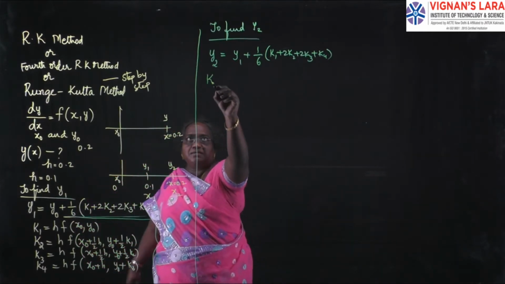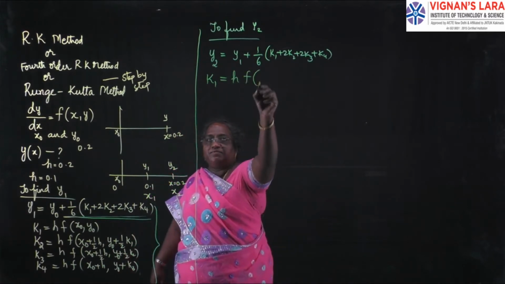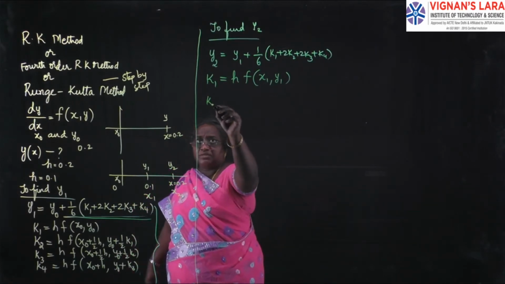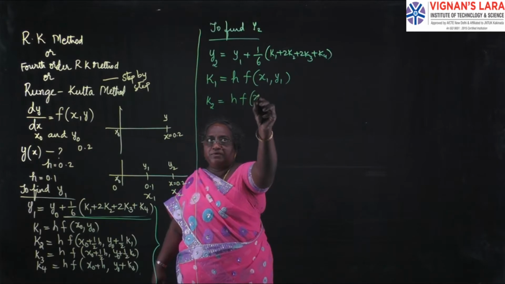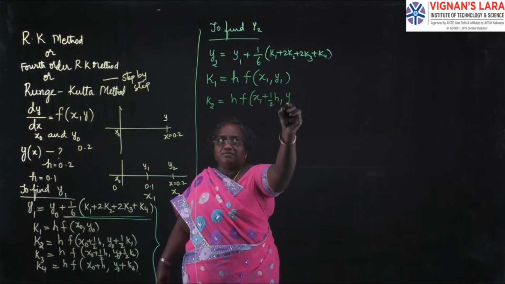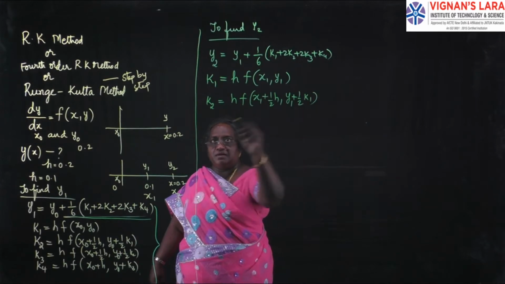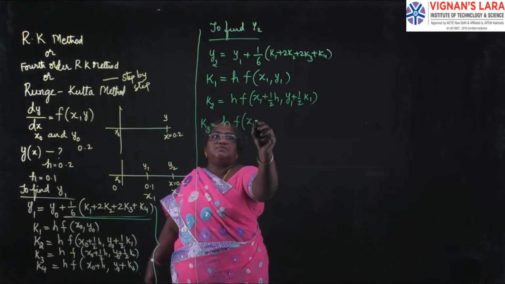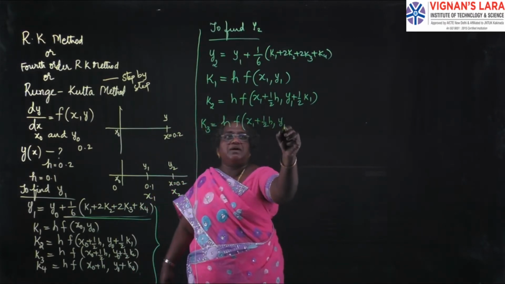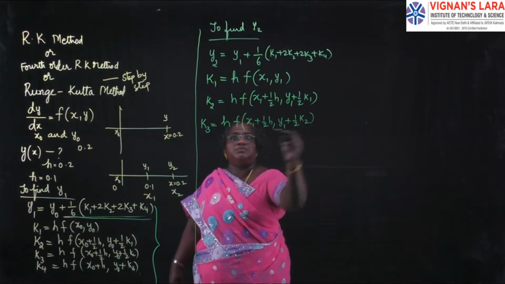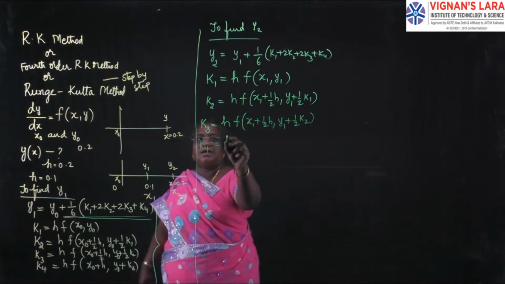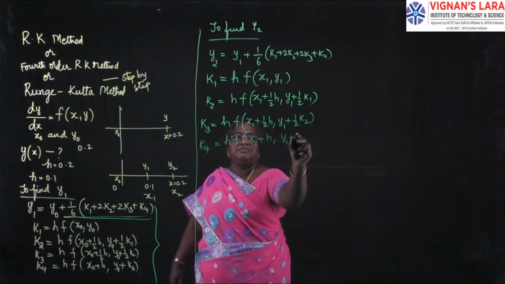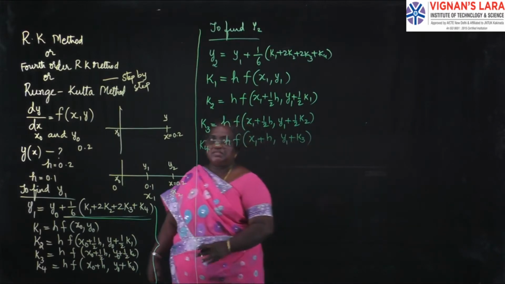So k1 is equal to h into f of x1, y1. k2 is equal to h into f of x1 plus half h, y1 plus half k1. Next, k3 is equal to h into f of x1 plus half h, y1 plus half k2. Next, k4 is equal to h into f of x1 plus h, y1 plus k3. This is the set of formulae.